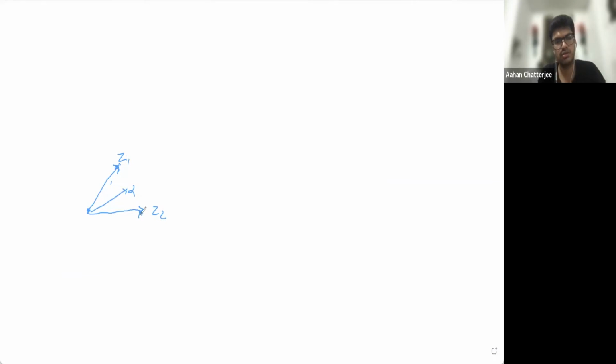By scaling again, I can assume that Z1 and Z2 are on the unit circle.